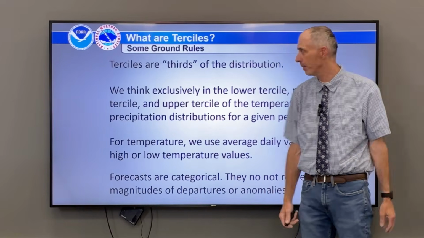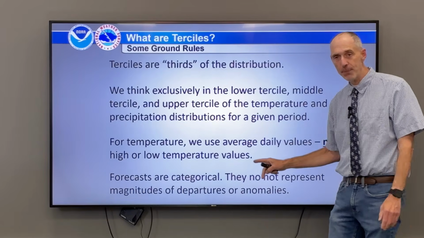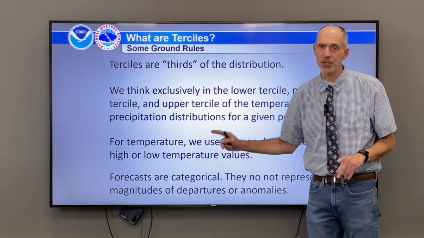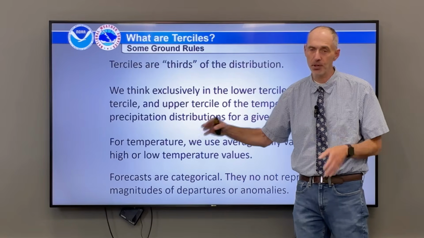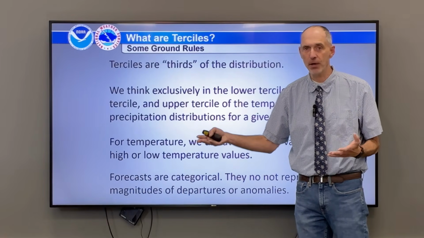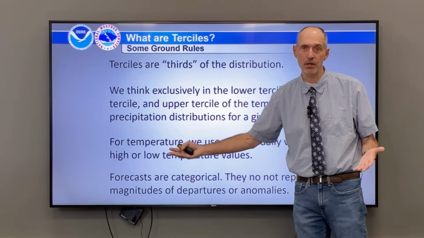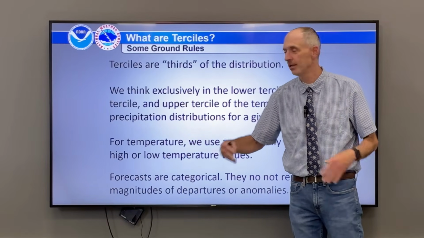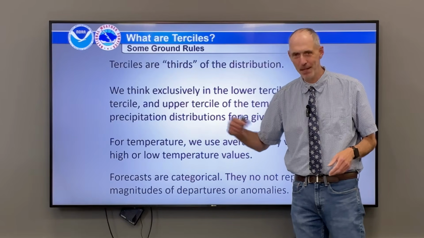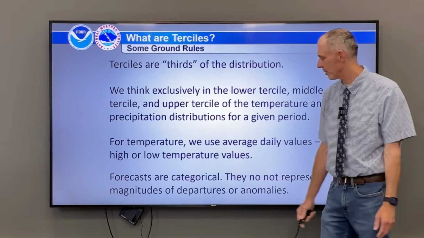That's the current climate normal period and will be for the next 5 years. For temperatures, we use average daily temperature, not high temperature, not low temperature, average daily. Because over a week-long period, month-long period, season period, doesn't matter, highs and lows all get thrown in the same bin, and we turn the crank, and it's average normal temperature.